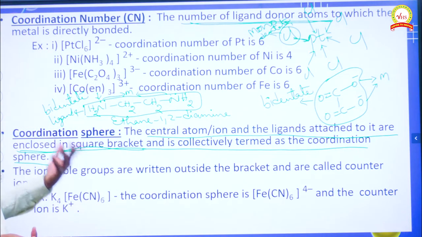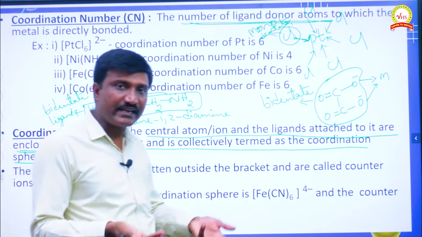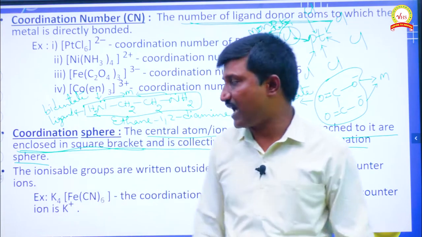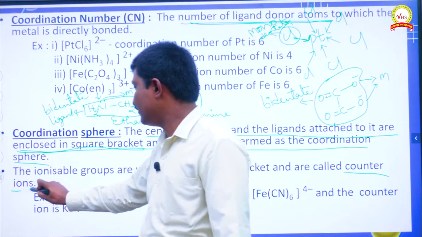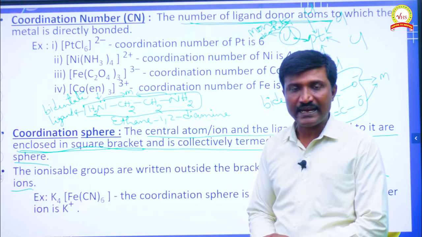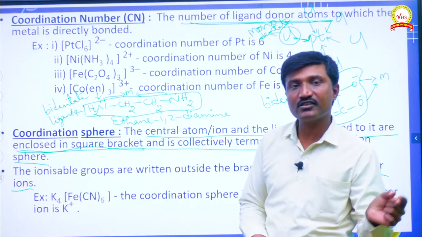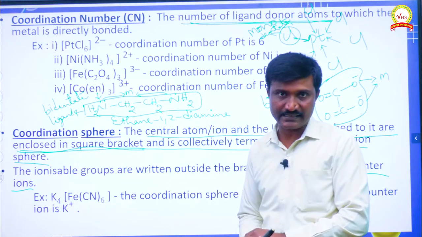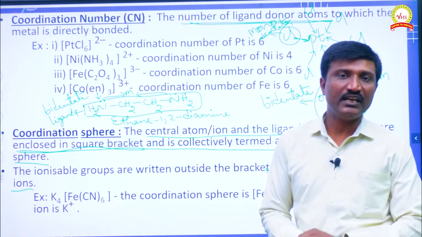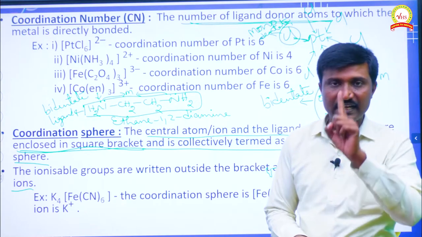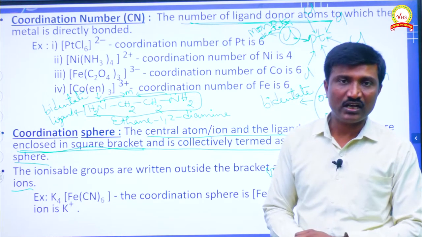Okay, so whatever we write outside the square bracket in a complex compound, we call counter ions. Those counter ions completely ionize, but the coordination sphere does not completely ionize. That entire thing gives one ion.